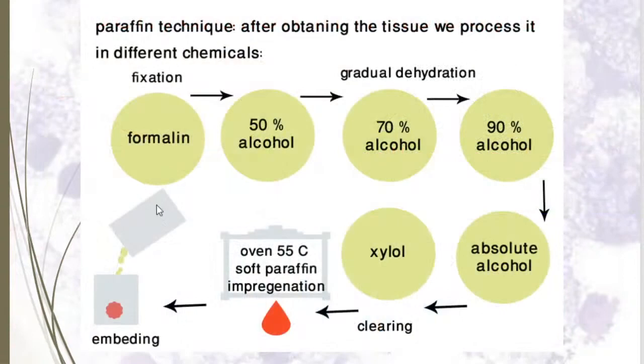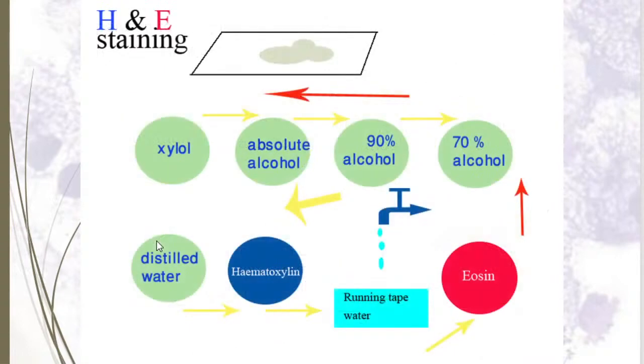Look, this is ascending alcohol, 50, 70 gradual, 90, 100 absolute. After that, clearing in xylol, soft paraffin impregnation, embedding in hard paraffin, and we are ready for sectioning.